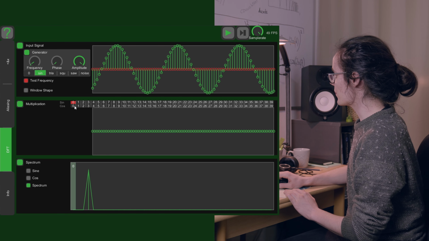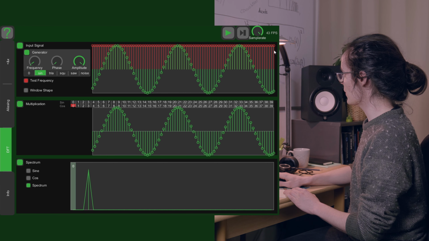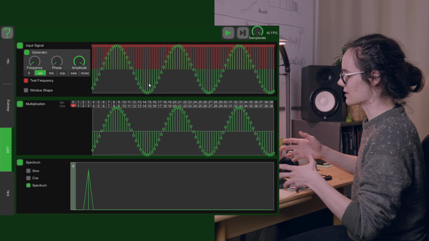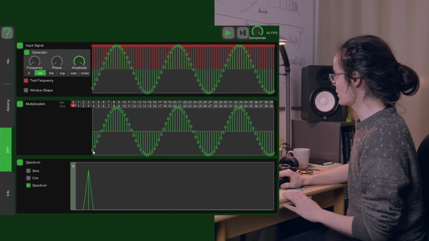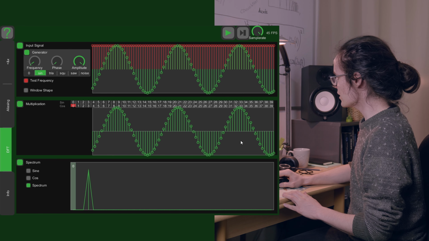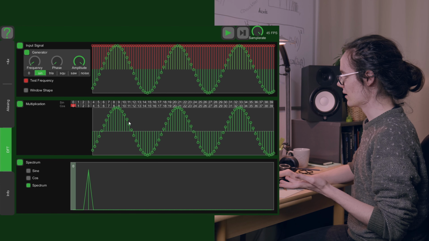Okay, but for the cosine part, we have only once the whole window through. So 1 times anything gives us the exact thing that we multiplied 1 with. So we get the exact input signal right here. So we are basically calculating the average of the input signal right here.